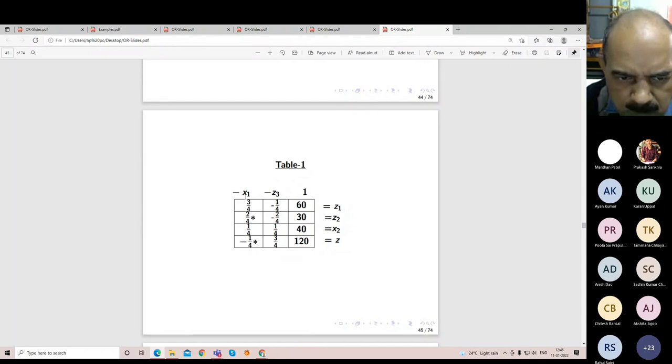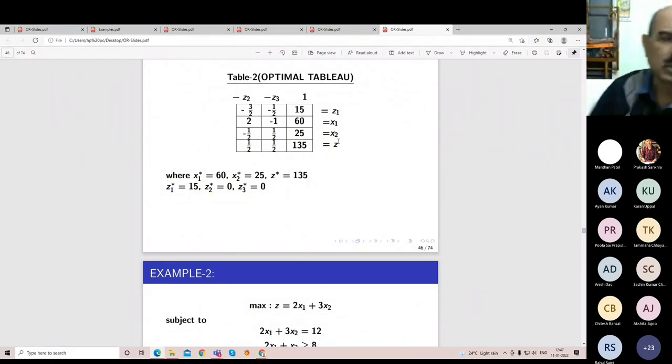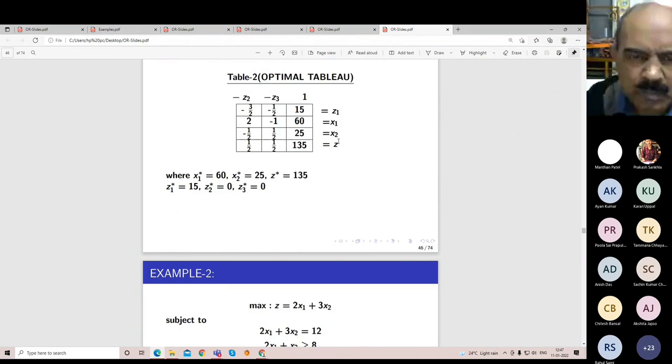So in place of minus x1 put minus z2, in place of z2 put x1, other labels remain as they are. So we have here the new table: minus z2, minus z3, 1, z1, x1, x2, z.